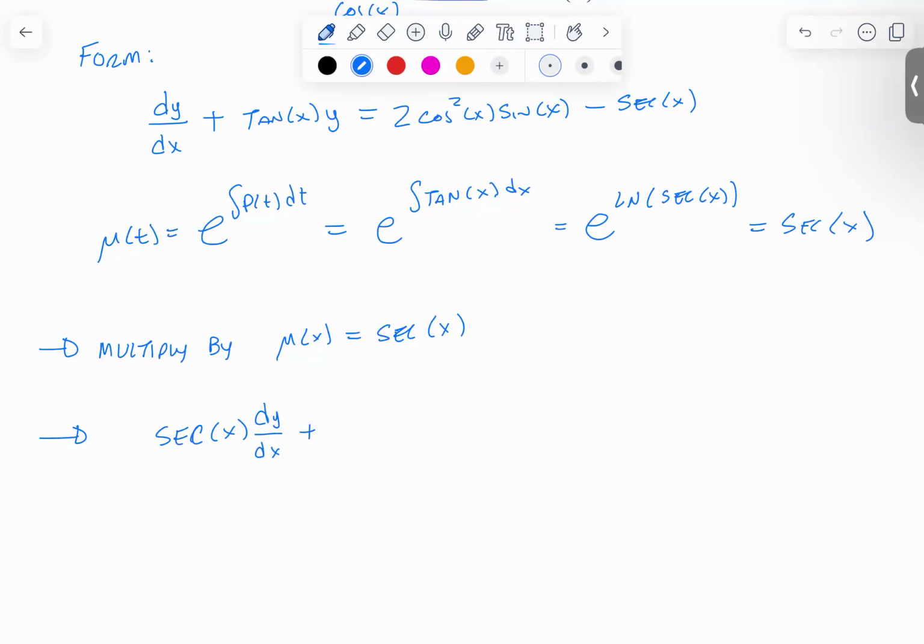Let's see. Secant. Actually, I just want to leave it like that. Okay, secant is one over cosine, so now another one of those cancels out. Secant squared.